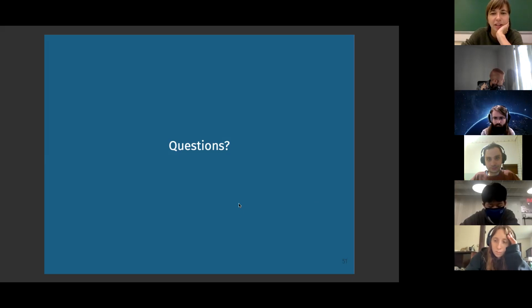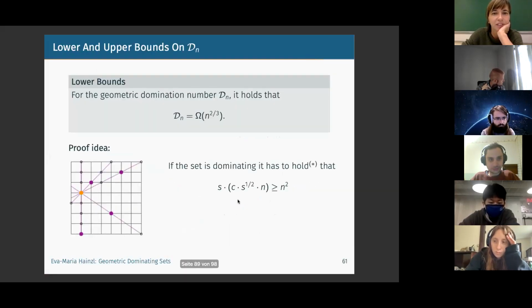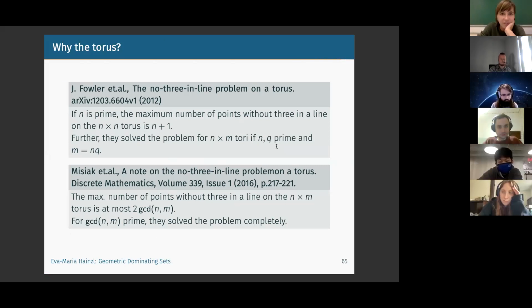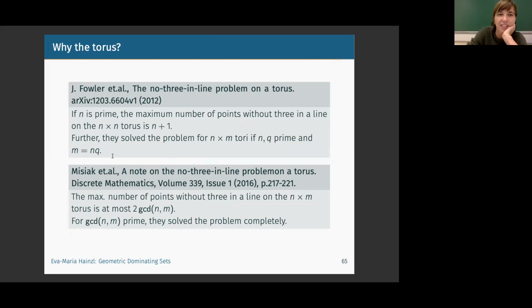Let me just see. These are my leftover slides. So here, for the n times m torus, if n and q are prime and m is n times q, the problem is solved in this paper of Fowler and collaborators from 2012.